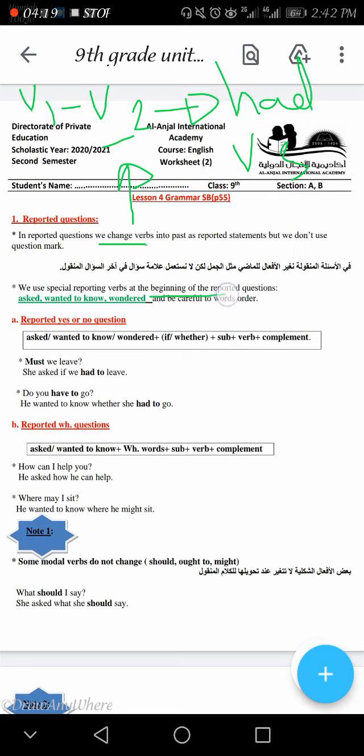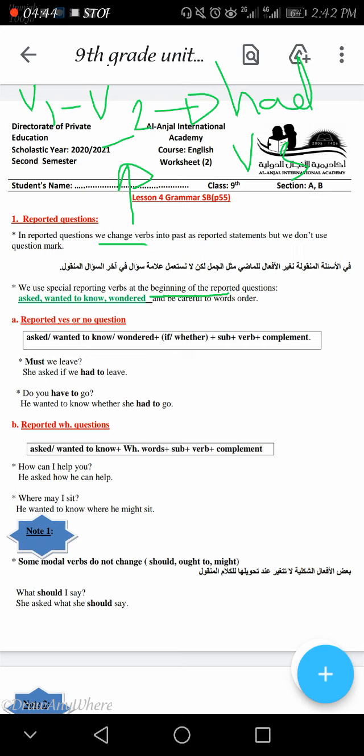As you know we have to use what? Reporting verbs like ask, want to know, wonder. لما بحكي he asked, he wondered, he wanted to know, he explained, all of these بسميهم reporting verbs, لازم استعملهم.